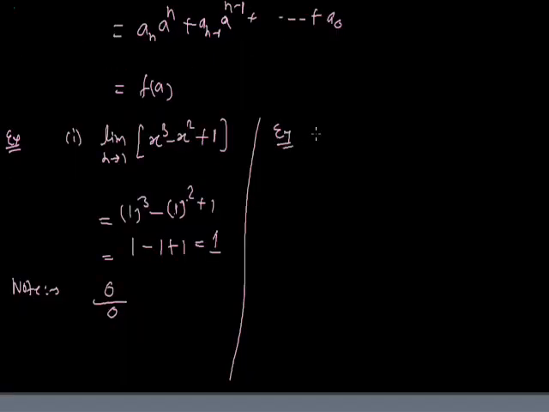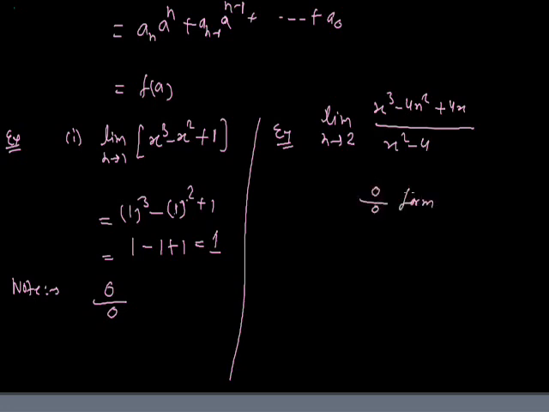Suppose we are given limit x tends to 2 and we have to find (x cube minus 4x square plus 4x) upon (x square minus 4). We know that when we put x is equal to 2, we get the 0 by 0 form. So how can we solve this?